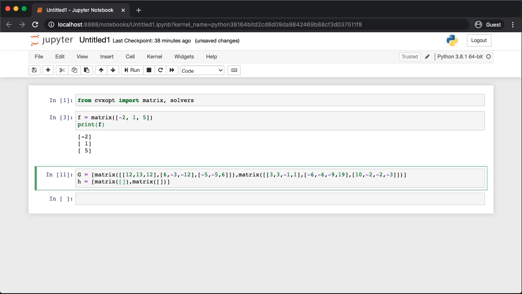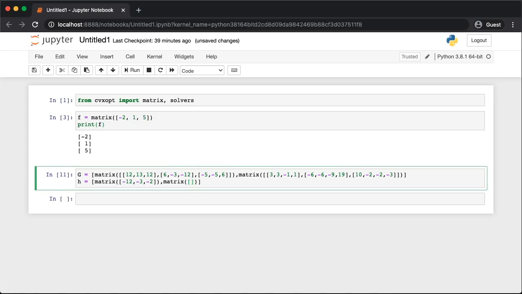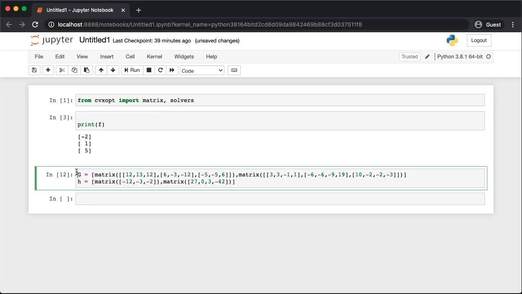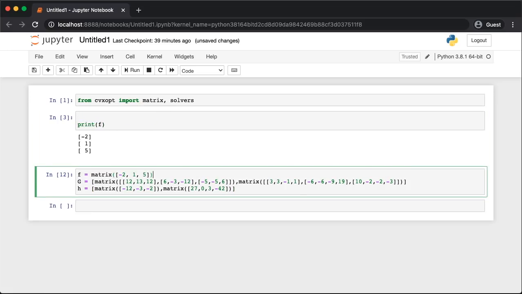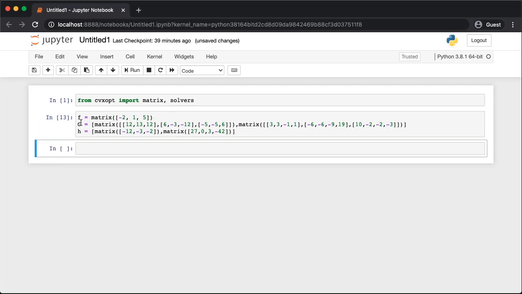And my H2 is 27, 0, 3, and minus 42. Now we're set. We've got my F, my G, and my H. Actually, let me get rid of this to make things look more beautiful. I'll remove this and compile. So I've got my F, G, and H.